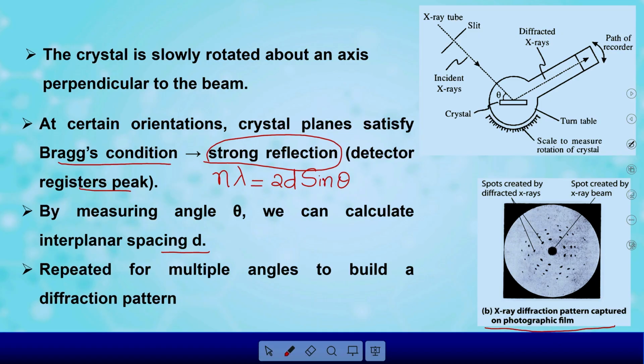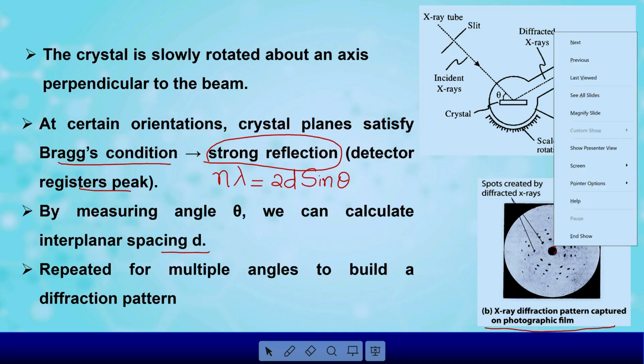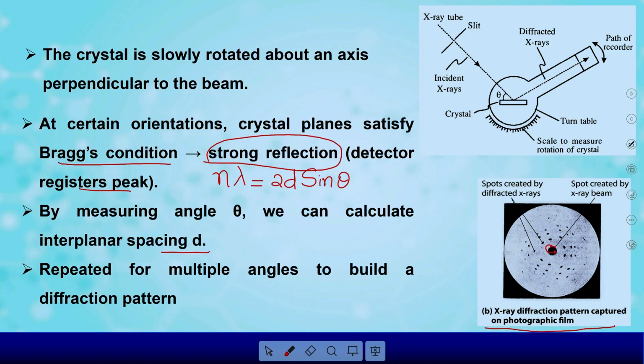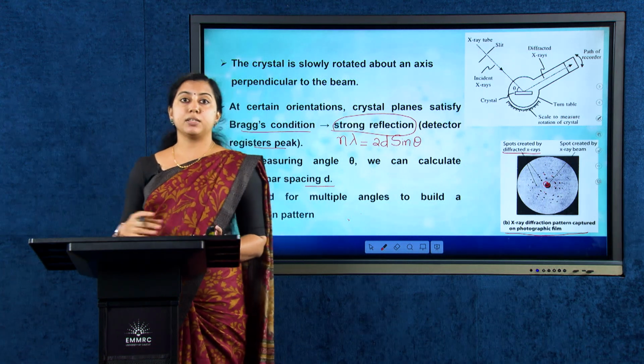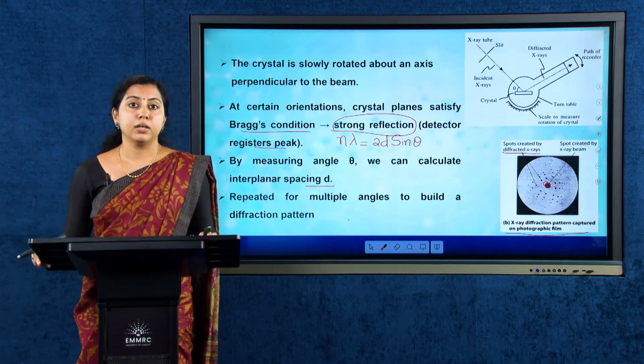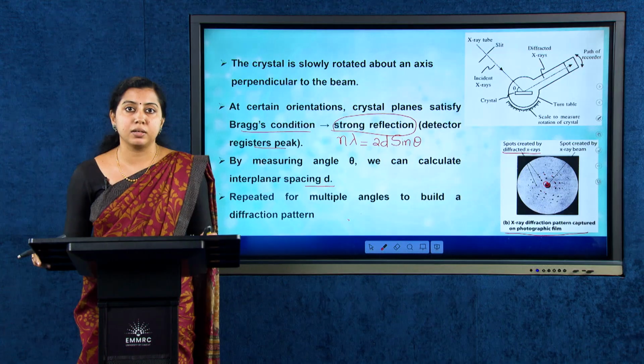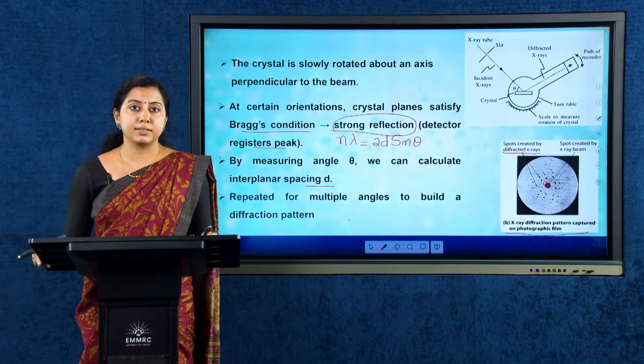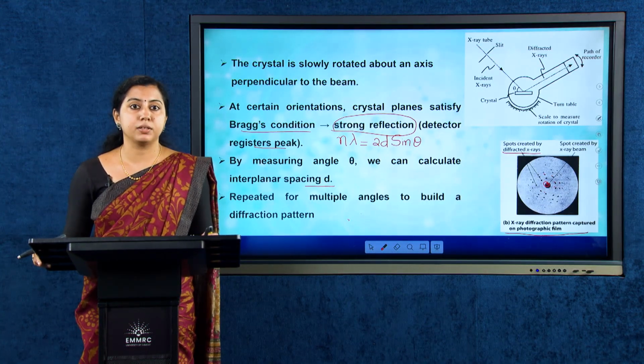The large dark spot at the center is created by the X-ray beam, and surrounding the central spot you can see several small dark spots in a particular pattern, and those are the spots created by the diffracted X-rays. So, this is how the rotating crystal method works, which is also known as the single crystal method or the Bragg's X-ray spectrometer method.